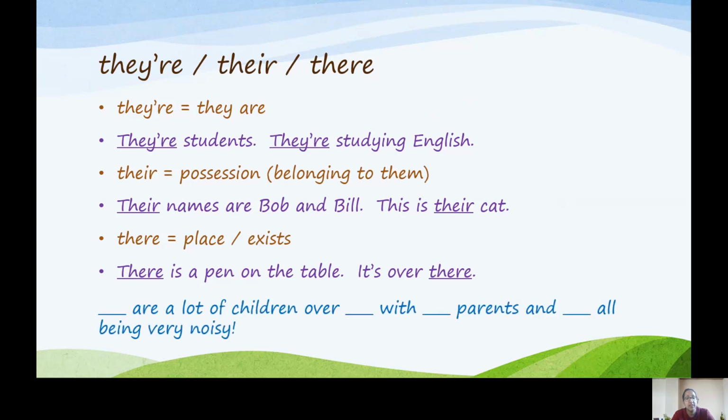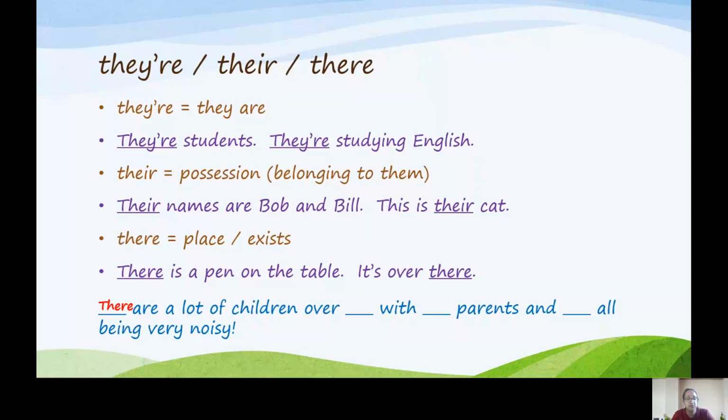Have a look at this sentence. Which form of there goes in each space? Well, the first one, we are introducing the fact that there are a lot of children. We're saying they exist. So it's the last form.